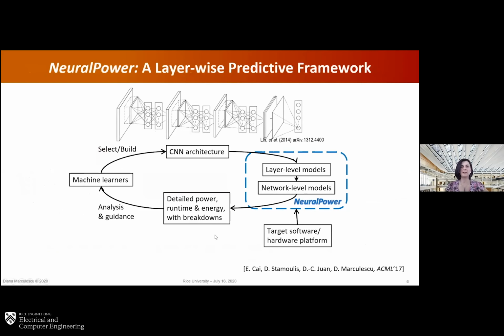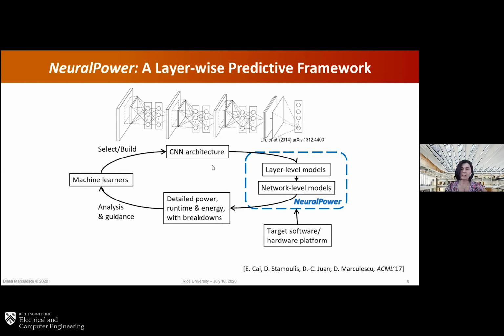So let's go into more detail. The way this is done is by looking at ways to model, on a per layer basis, the different types of neural architecture components. So typically machine learners start with a CNN architecture and then try to iterate, right, to identify the configurations that satisfy certain accuracy. But what we're trying to do is, in this loop where machine learners try to identify these configurations, we try to see which ones will be able to satisfy these hardware constraints.